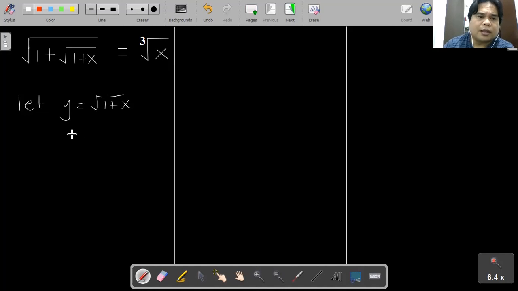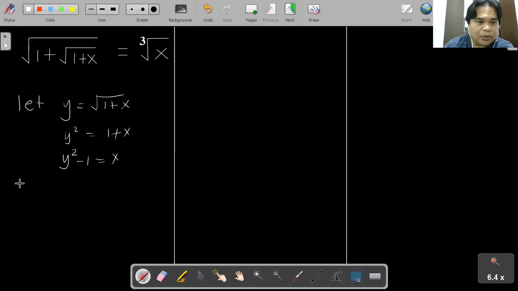And then let's also solve for x here. So y squared is equal to 1 plus x, when you square both sides, so that you can also express your variable x in terms of y. So that's your x in terms of y: x is y squared minus 1.